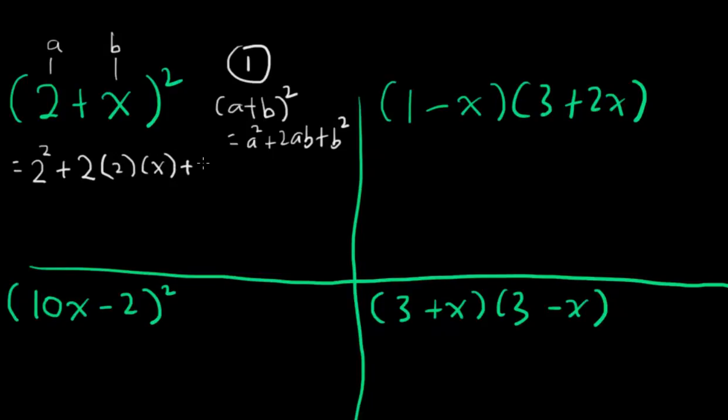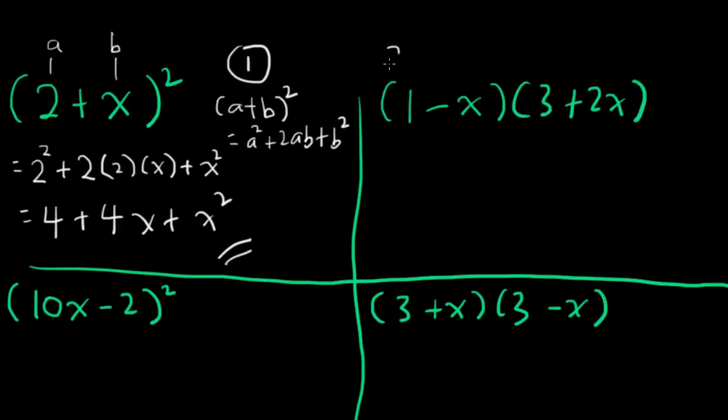B is x, so it becomes x squared, right? So 2 squared is just 4. When you multiply this term here, you will get 4x plus x squared. So that's really how you use this very useful formula to expand this kind of equations.